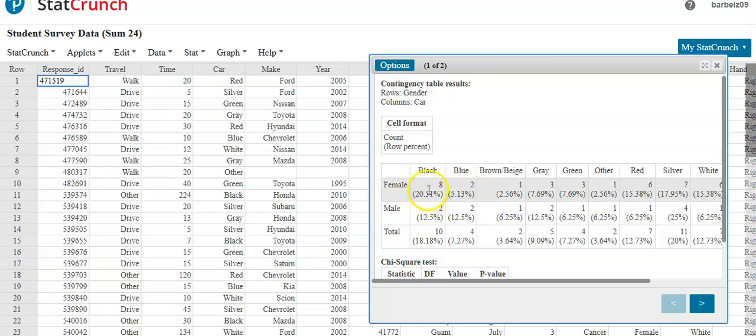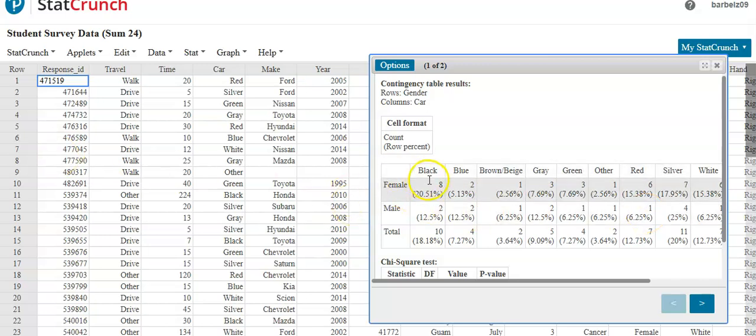For the females in this row, of all of the females, 20.5% of the females have a black car. Or we could say 5.1% of these females have a blue car. If we look at the row here, this is all males. So of these males, 12.5% have a black car, and so on.